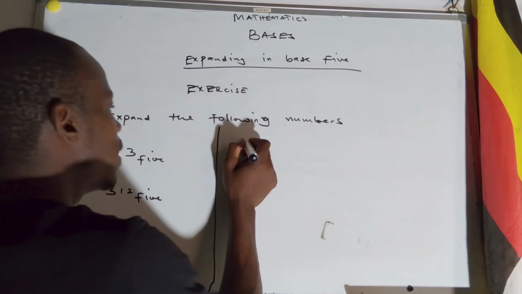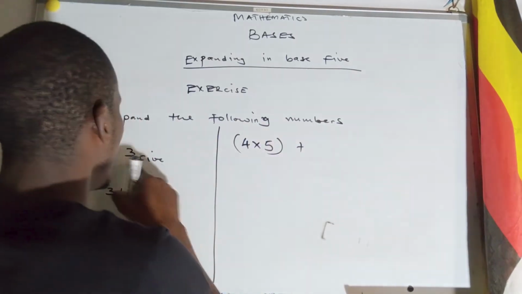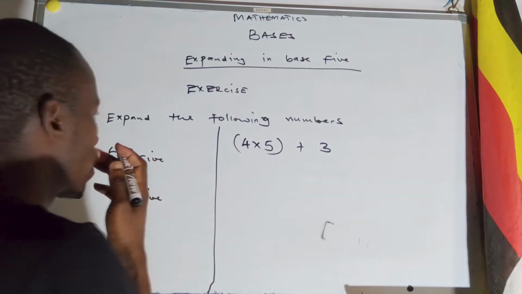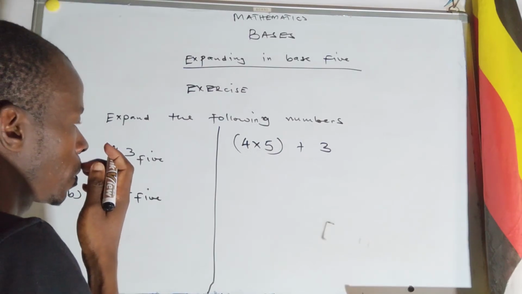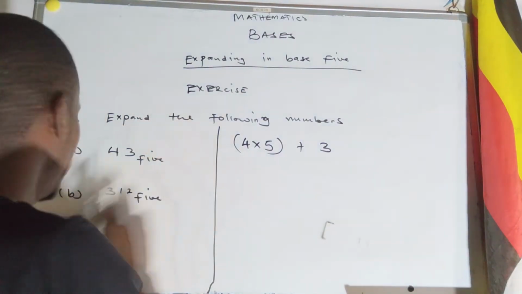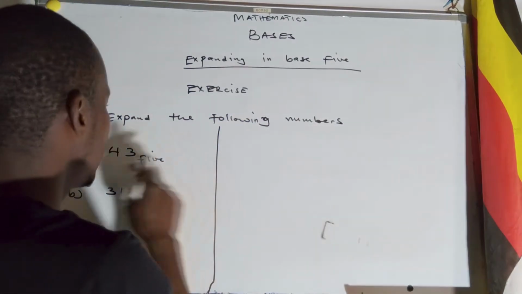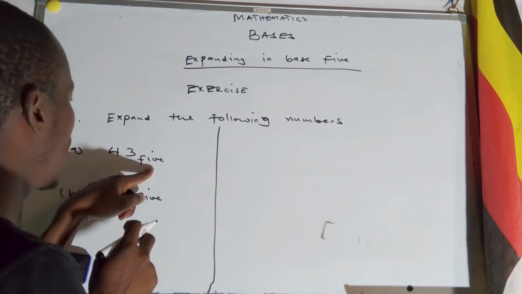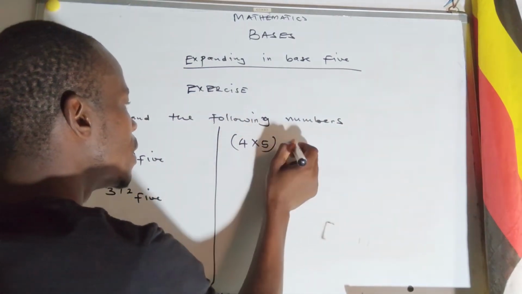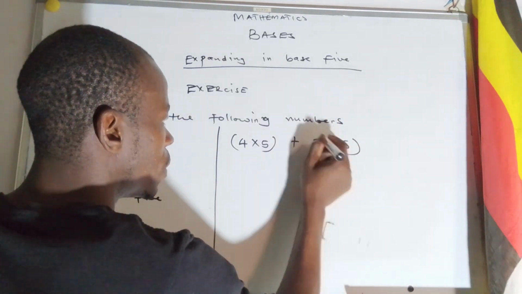So you're going to multiply 4 times 5 plus 3 times 5, each digit by its base, which is the base 5.